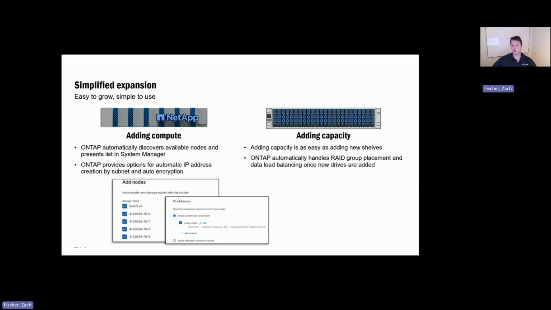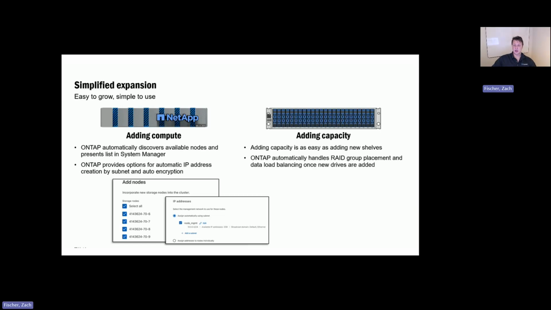So if you want your storage to have more performance, you can just add more compute nodes into the system. So I believe you can even start with 2 and then 4 and then all the way up to 100. I believe it is 100 right now. That's what was announced at Insight.